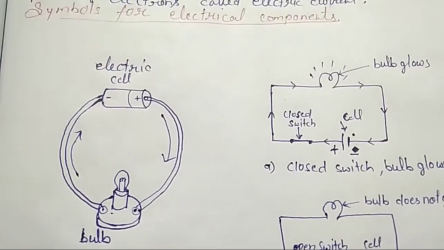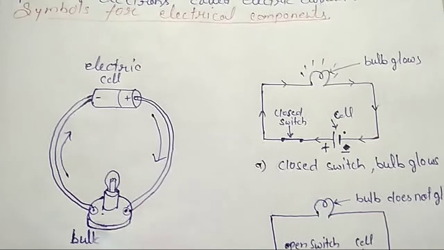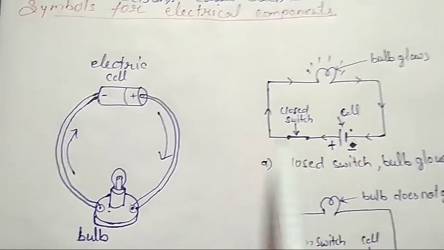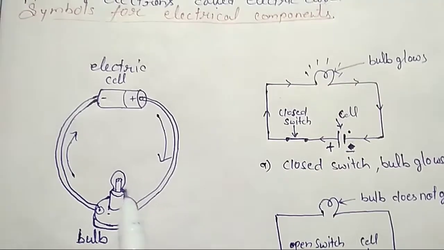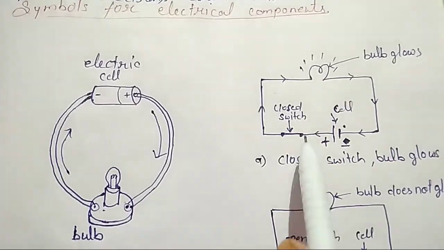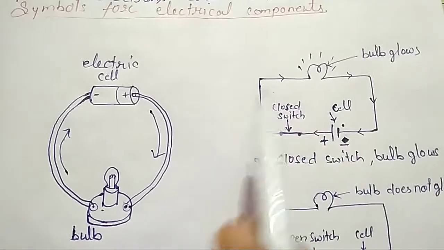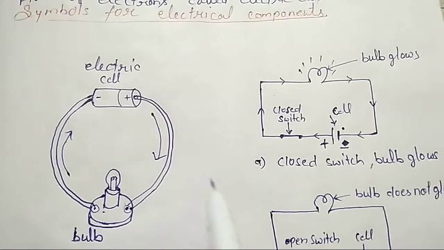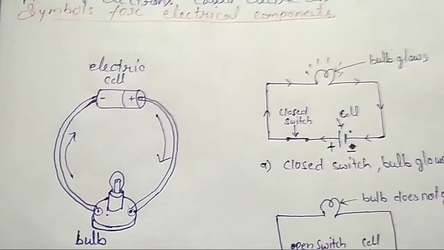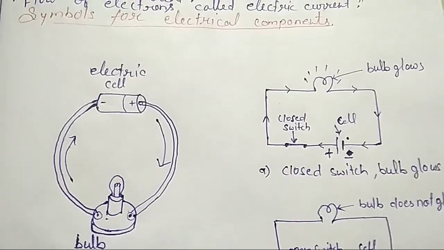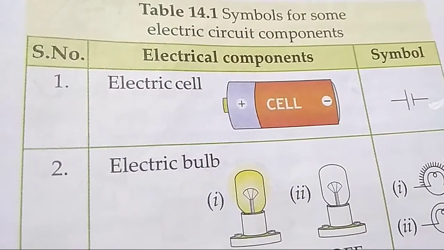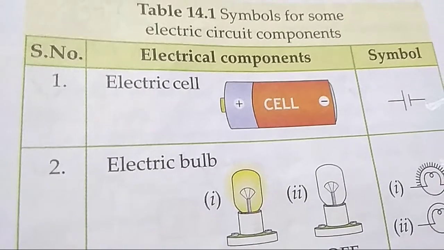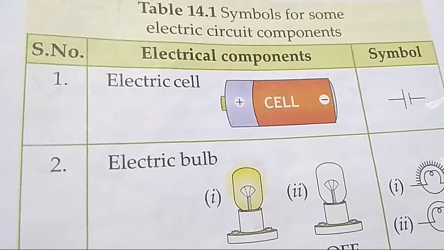So you can see here, to show this circuit we can use some simple symbols. So now we know about the other symbols of the circuit. This is a table of symbols of the electric circuit.